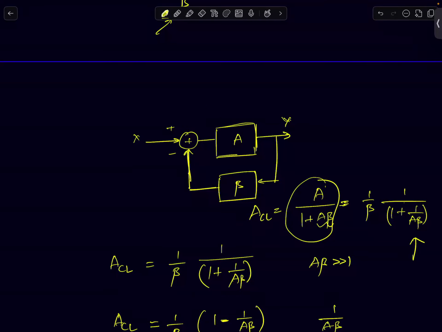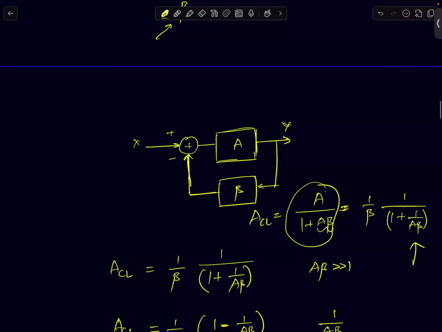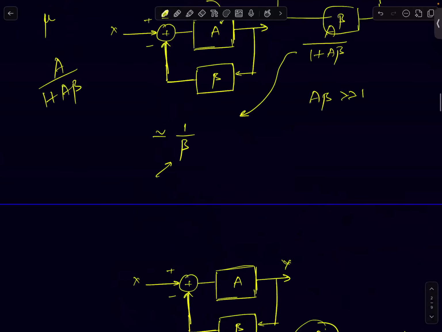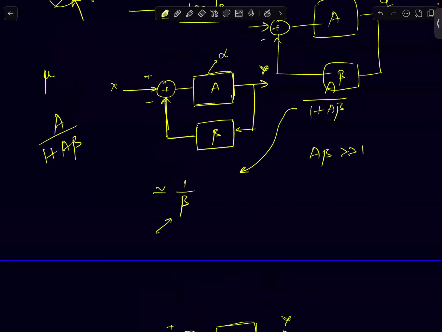Now, his thought process was simple. He said, now let's make A infinity. If I make A infinity, then what happens to the gain of this amplifier? This gain, A by 1 plus A beta, becomes 1 by beta. So this feedback amplifier gives me a gain of 1 by beta.